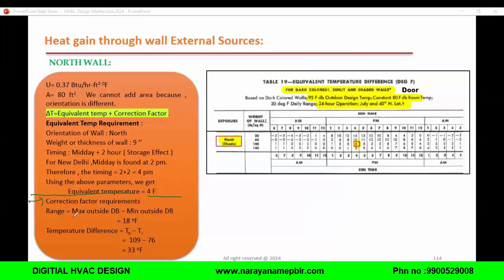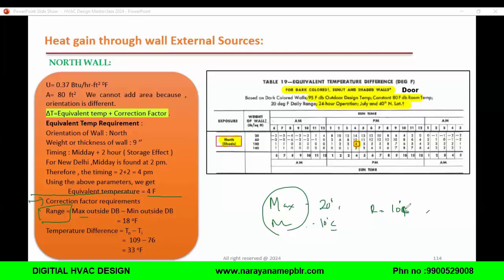Now the correction factor we have to find from the table, and before that we should know the range. We will get it from the psychrometric condition range. What is the range? You see the maximum temperature of the day and the minimum temperature of the day; that difference is the range. For example, if maximum temperature is 20 degrees and minimum is 10 degrees, the range is 10 degrees, right?